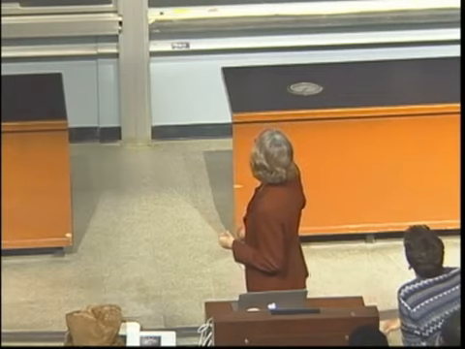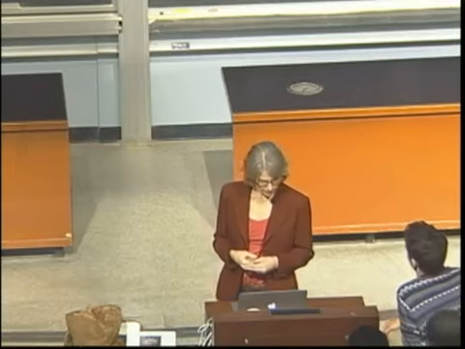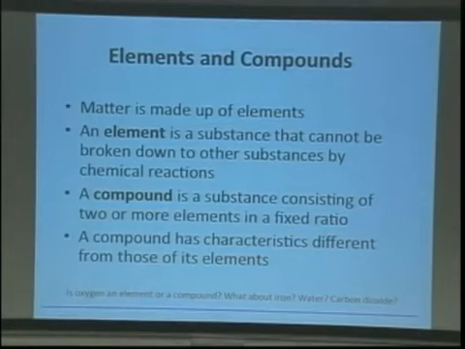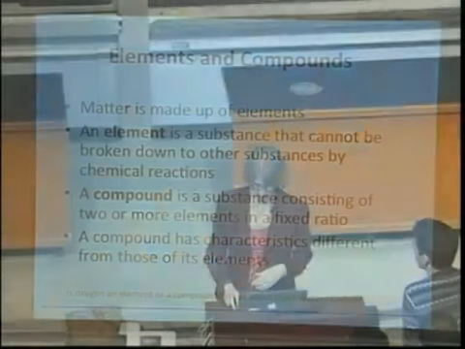What about iron? Also an element, yeah. Water and carbon dioxide, compounds, right? Okay, exactly. And oxygen is a molecule, right? Two atoms of oxygen combine to form a molecule of oxygen, but it's still an element, not a compound.